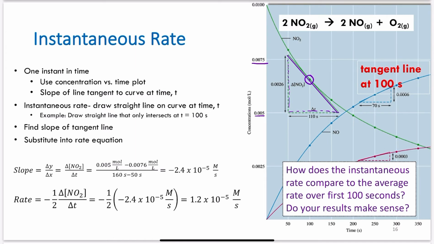The difference there being 0.0026 molar divided by the time difference. We went from 50 seconds to about 160 seconds, I guess. I can't read the graph that well. Let me just look at the numbers they actually gave me. That makes it easier: 110 seconds, 160 minus 50, and 0.05 minus 0.0076. It gives me negative 2.4 times 10 negative 5. Again, the negative just tells me that it's a reactant. That's all it means.